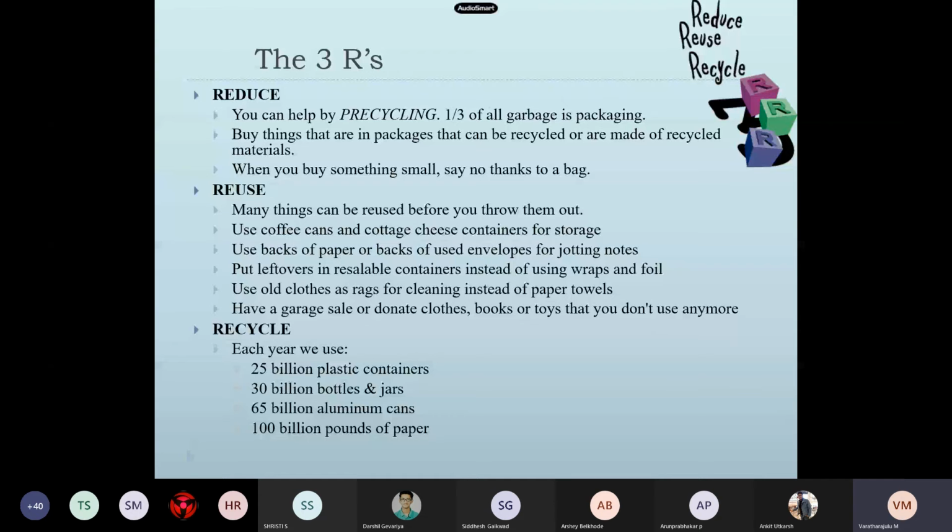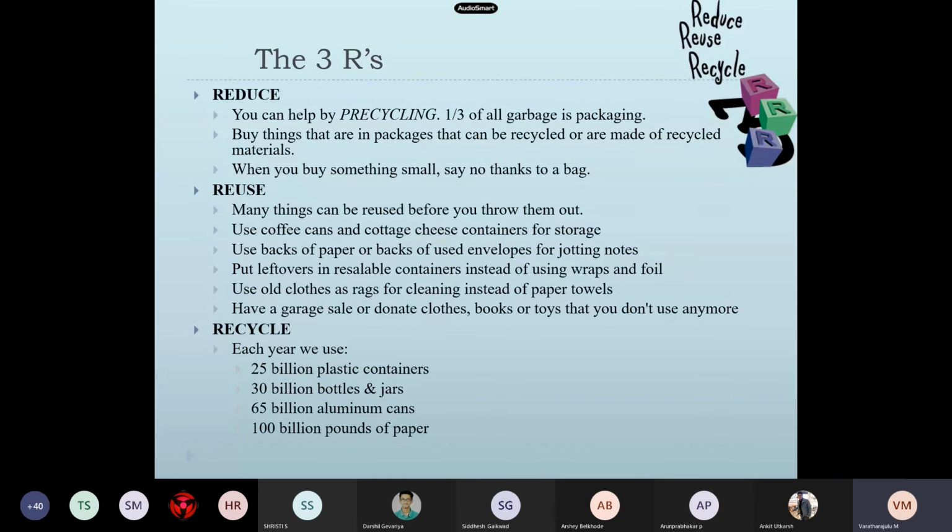Use old cloths as rags for cleaning instead of paper towels. Have a garage sale or donate clothes, books, or toys that you don't use anymore. Therefore, try to increase the usage; reuse should be considered.